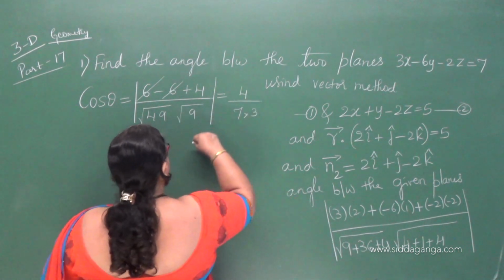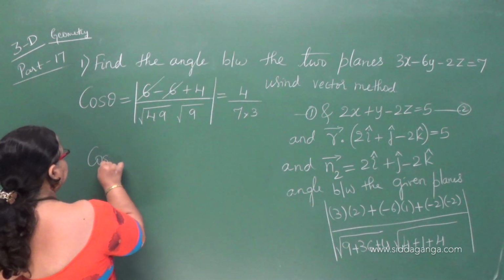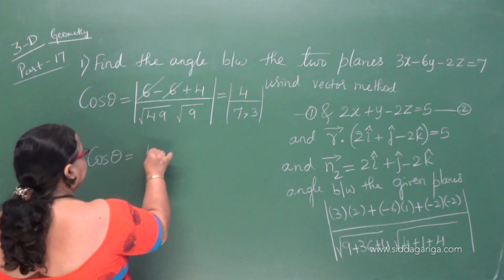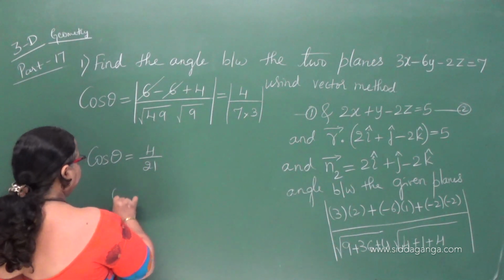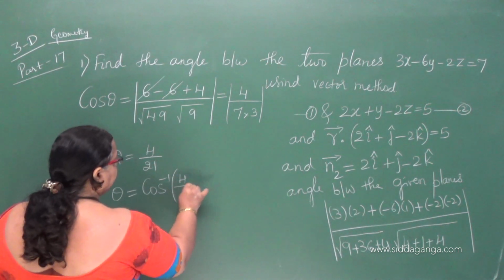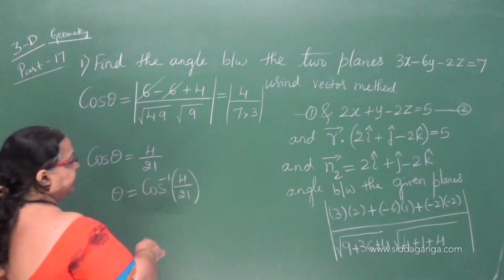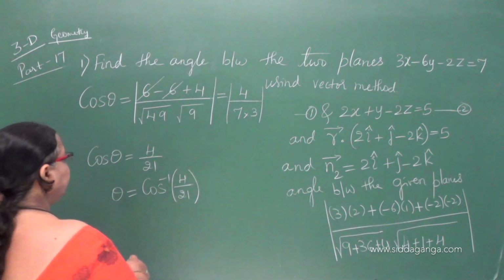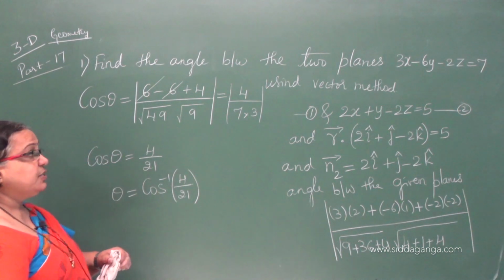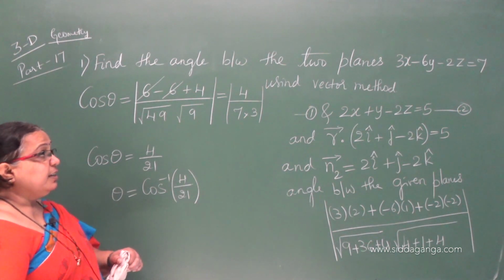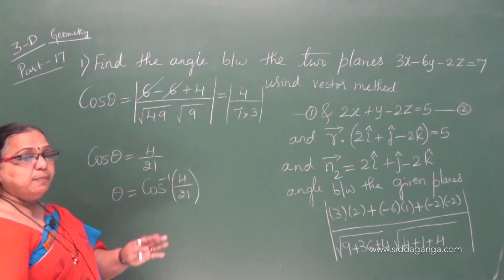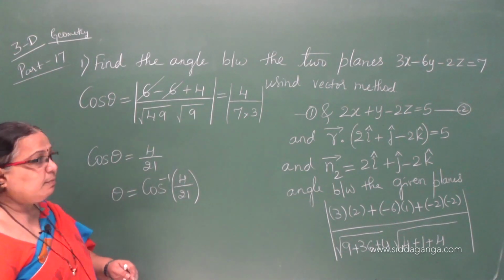So all are positive, therefore we get cos theta equal to 4 divided by 21, therefore theta equal to cos inverse of 4 divided by 21. So now this is the angle between the given two planes using the vector method.